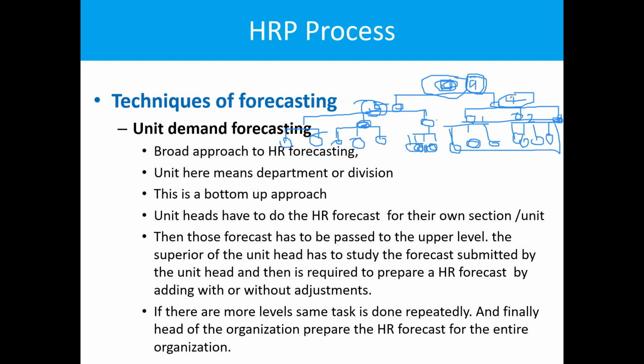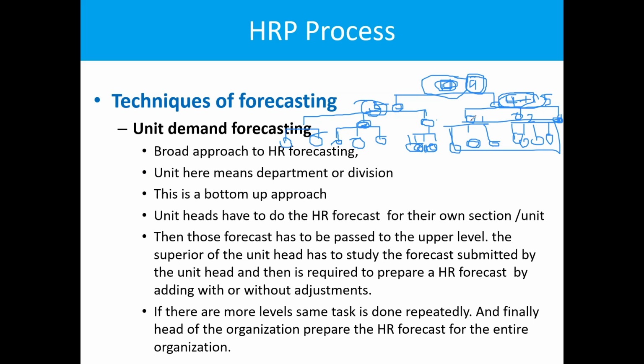Let's say the original estimate that came from below was 4. Now he is in the position to determine or adjust this figure. Let's say, according to his knowledge, he thinks that 1 more needs to be added, and he makes the estimate 5. Right? So likewise, each department head can adjust the estimate which is coming from below, and that adjustment can be communicated to the upper level.